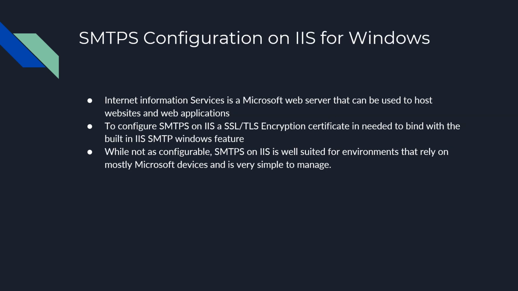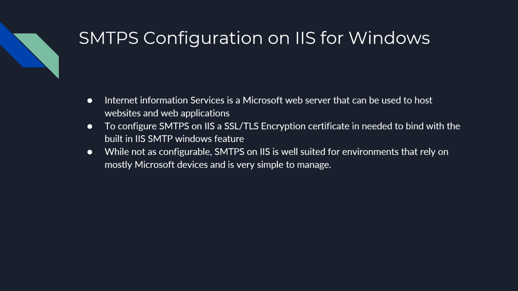Here's how SMTPS may be configured using IIS for Windows. IIS, otherwise known as Internet Information Services, is a Microsoft web server that can be used to host websites and web applications.